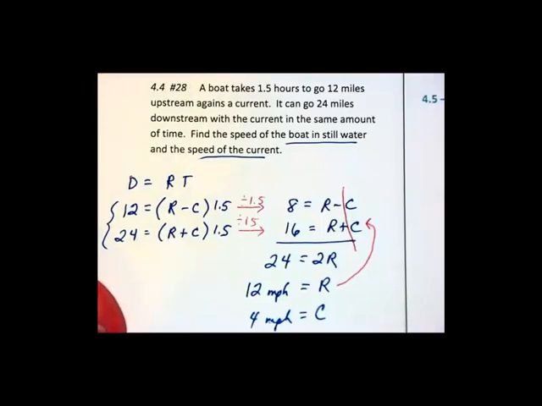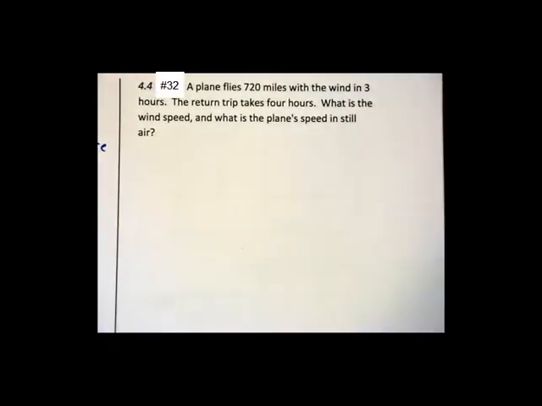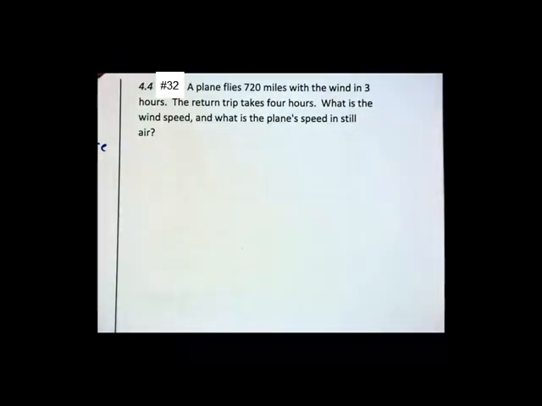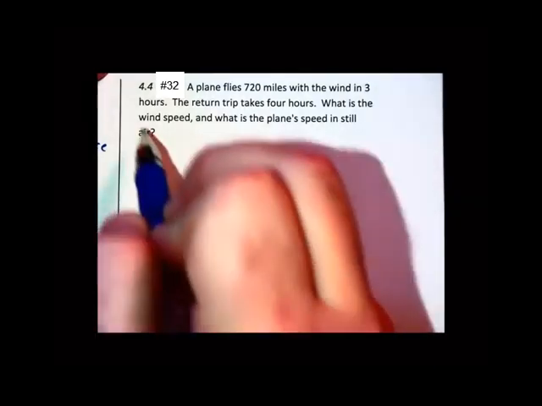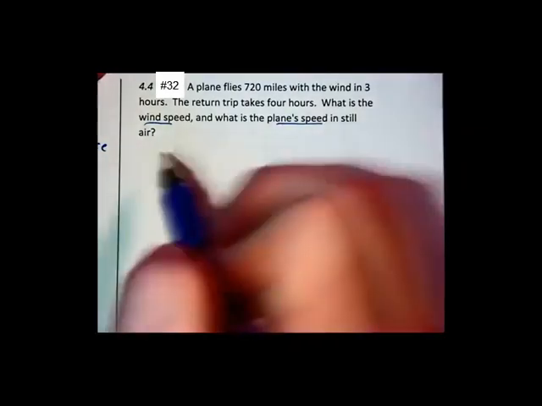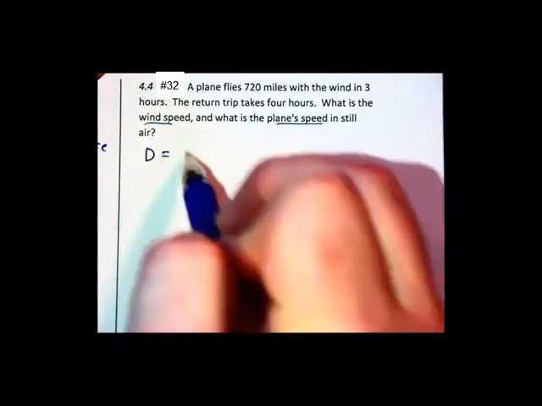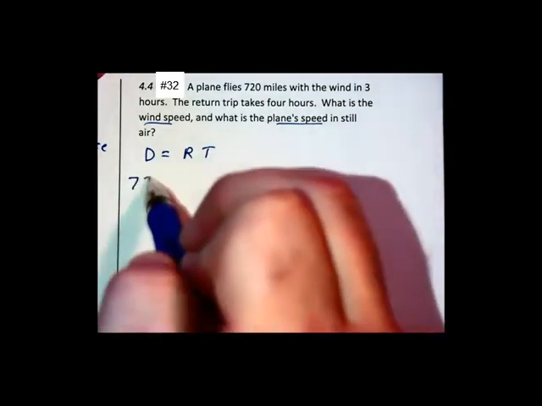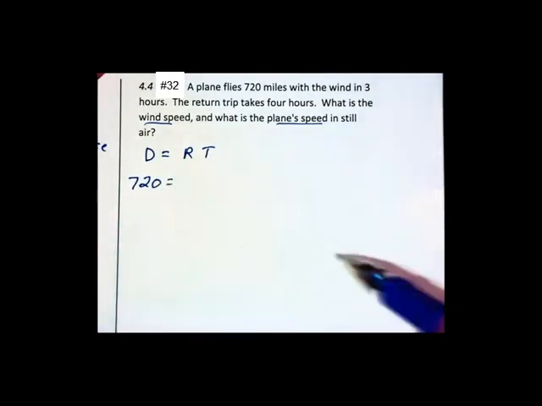Okay, let's do another one of these. We've got a plane flying 720 miles with the wind in 3 hours. The return trip takes 4 hours. What's the wind speed and the speed of the plane? So we're looking for two things, the plane speed and the wind speed. That's the clue that we're using this method here. 720 is the distance this first time.